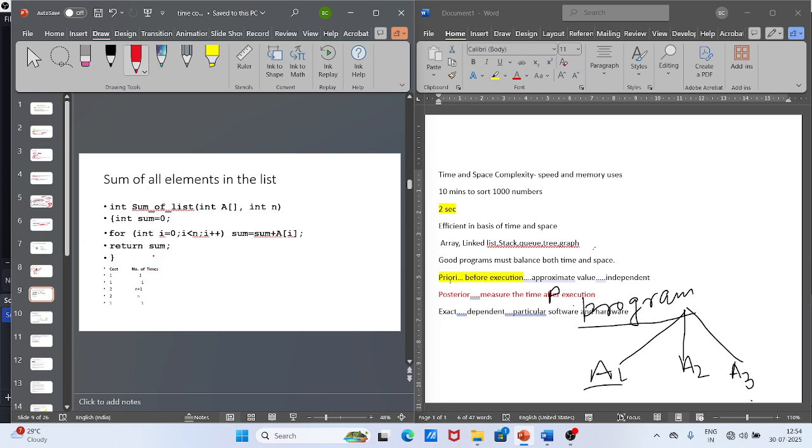Now take another example. Here we pass one array and one variable n, and we also initialize sum equal to 0. There is one line, and this is the second line, and one loop is present, and in the next line sum is equal to sum plus 1. So this is line number 1, this is 2, this is 3, this is 4, and this is 5. Okay, there are 5 lines.